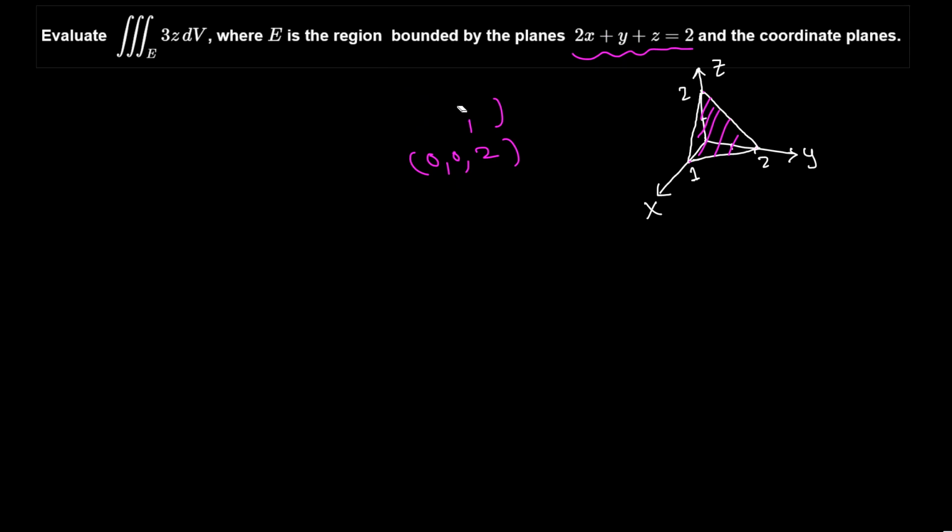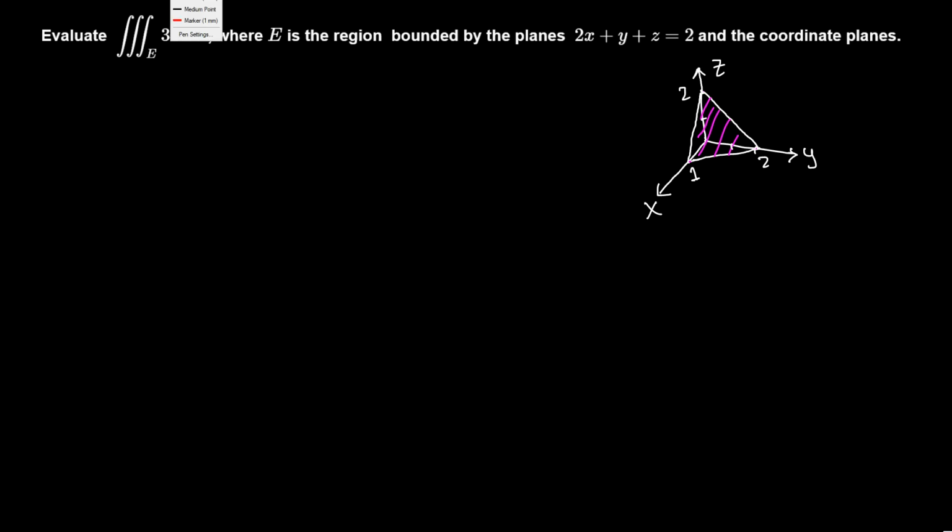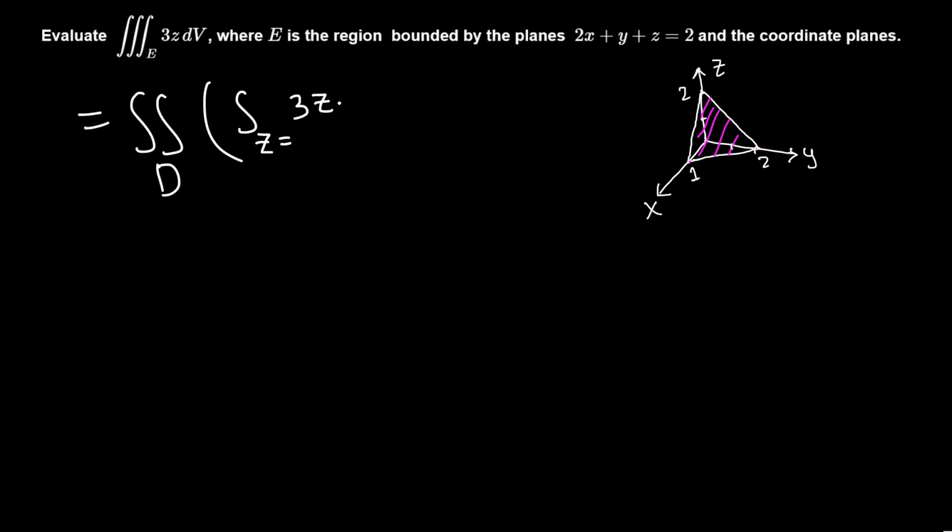Okay, so let me write the following. This triple integral is the same as we'll have a region on the xy plane, that's the projection of E on the xy plane, and inside now we have bounds for z, and this is 3z, we have dz.